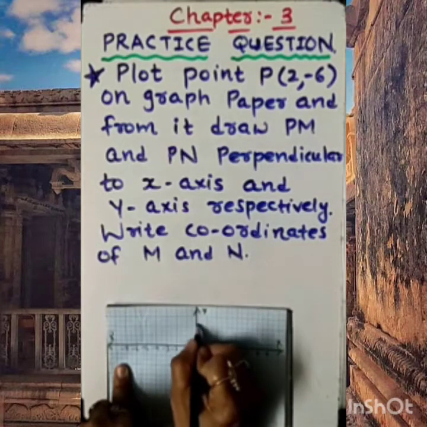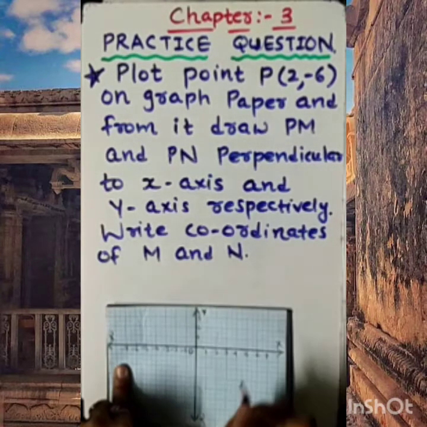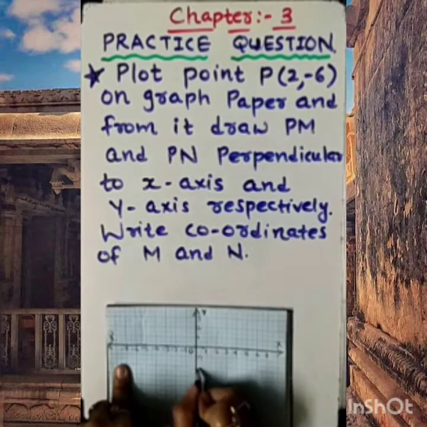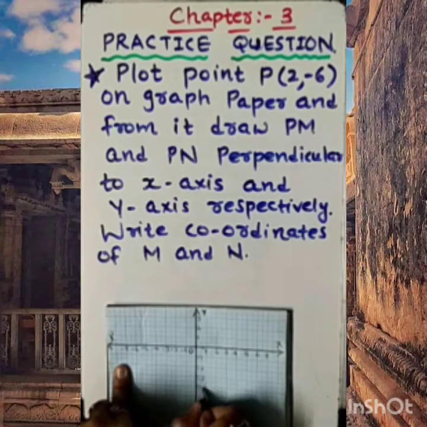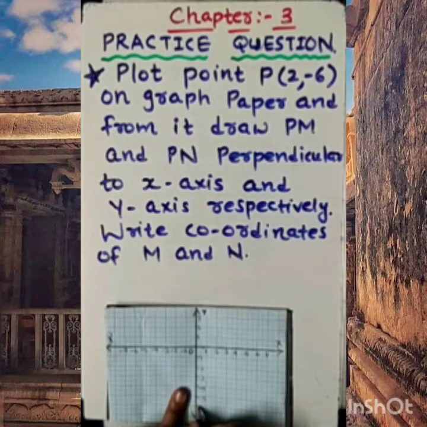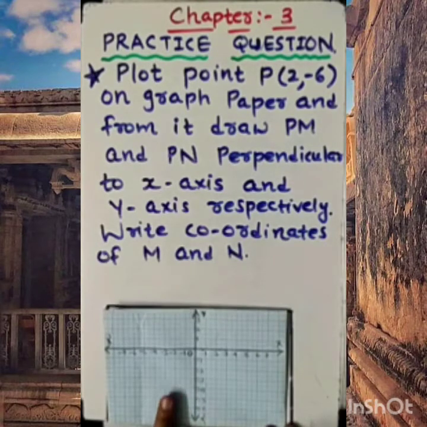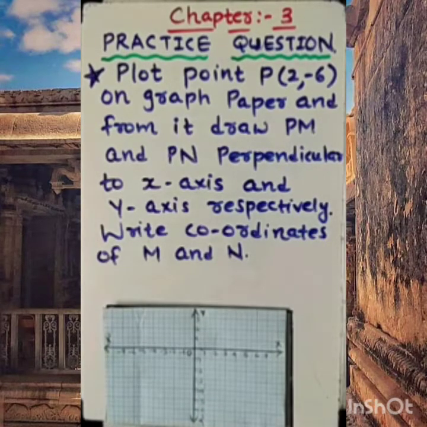This side 1, 2, and this is 3. This side -1, -2, -3, -4, -5, -6. Fine.